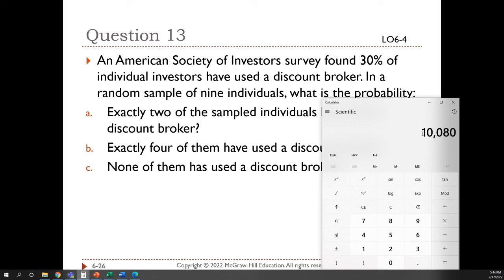So let's go ahead and copy this. Take 9, that's how many people, factorial, and divide it by our 10,000, our denominator. So it comes out to 36. Okay, that's our combo. Alright, now this is going to get multiplied by our rate, our probability. I always like to use rate, but basically this is our pi. 0.3 to the 2, how many we're looking for.